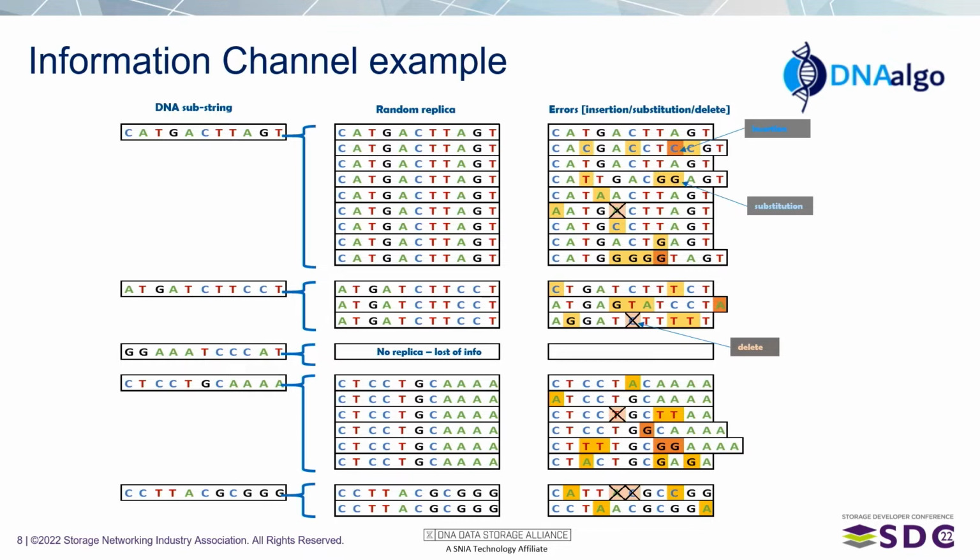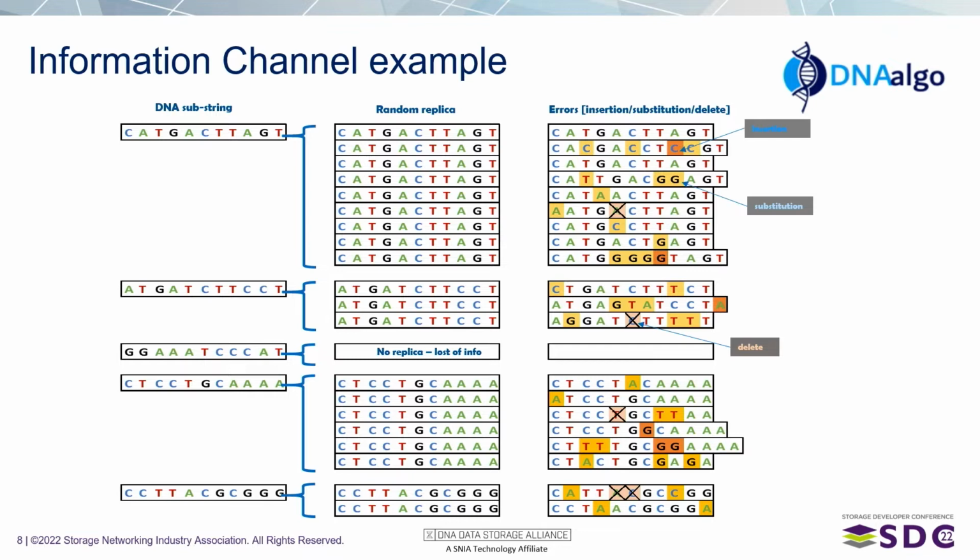So this is just a toy example of the information channel we are dealing with. Here we just have 5 strands, very, very short. When we read it back, we enter the PCR, the polymerase chain reaction.